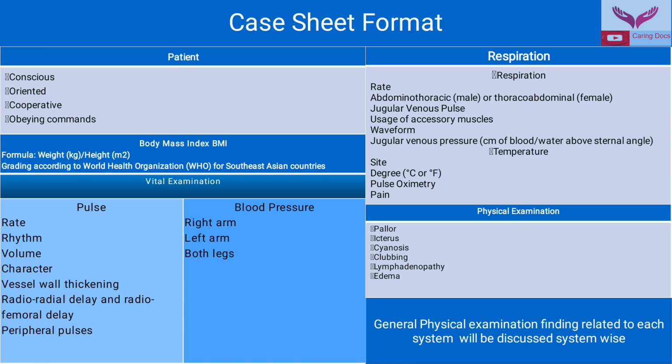In general physical examination, we will check for any pallor, icterus, cyanosis, clubbing, lymphadenopathy, or edema. General physical examination findings related to each system will be discussed subsystem-wise in my upcoming different videos.